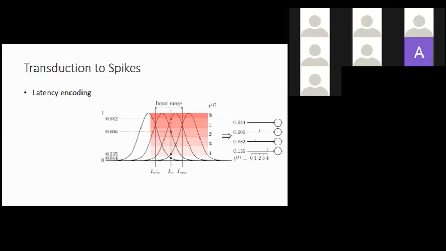A highly activated receptive field is going to spike much faster, whereas a receptive field that is not activated enough is not going to spike, or is going to spike later. So this is one way to encode spikes.